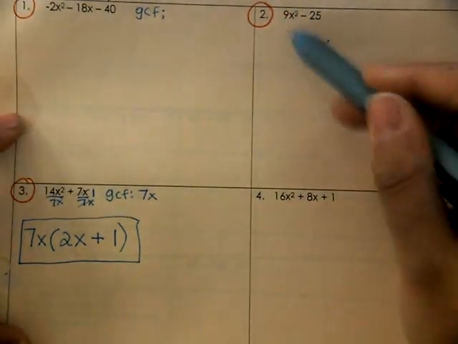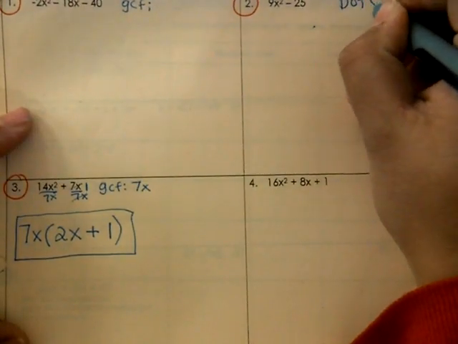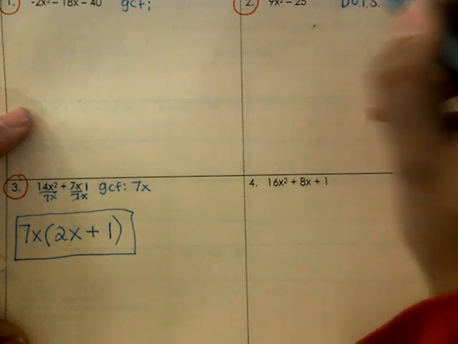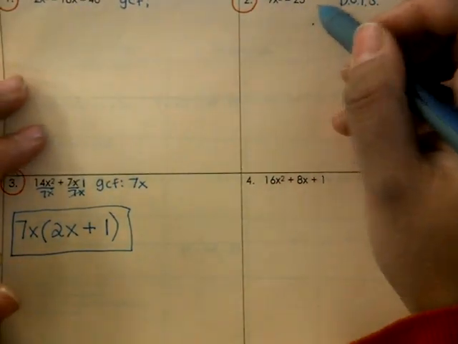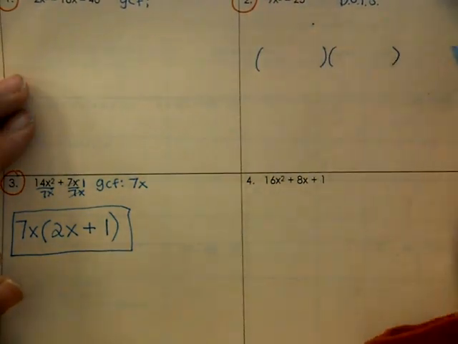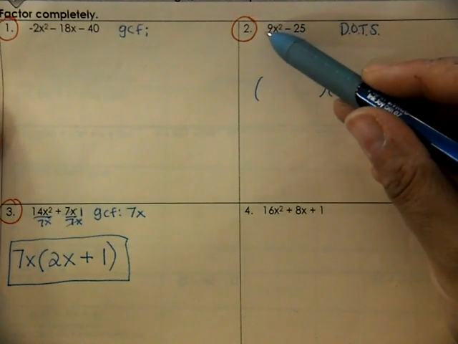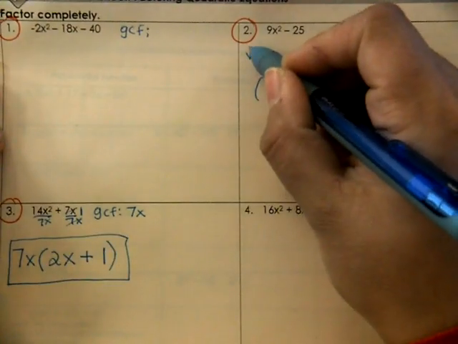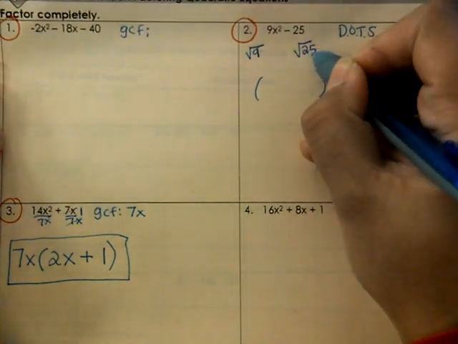So for number 2, this is an example of DOTS, difference of 2 squares. Now it can be done the same way as how we're going to do numbers 1 and 5, but the quickest, easiest way to do this is to make yourself 2 sets of parentheses like this, and to take the square root of each of those terms. So you would say, what's the square root of 9 and what's the square root of 25?